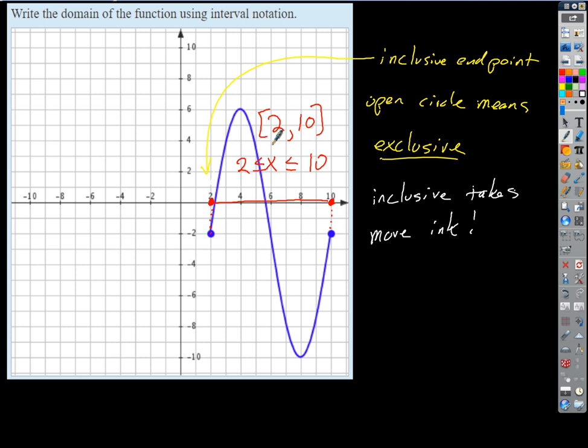So inclusive endpoints always require more ink to represent, okay? All right, moving on.